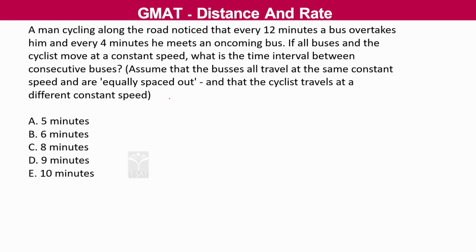So, let us say the speed of the man is m, and the speed of the bus is b. The man is the cyclist, so let us say its speed is m. And let us say that the distance between consecutive buses is d.